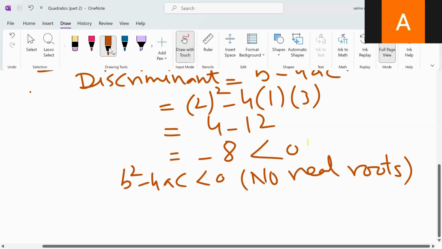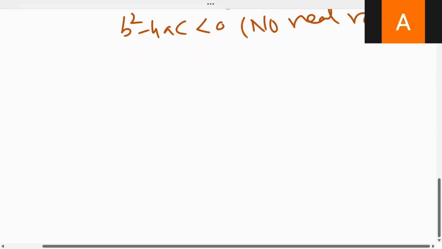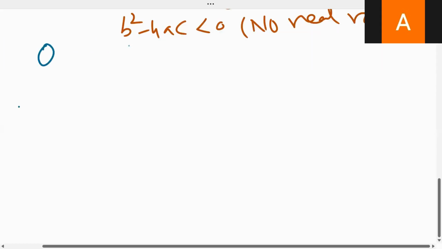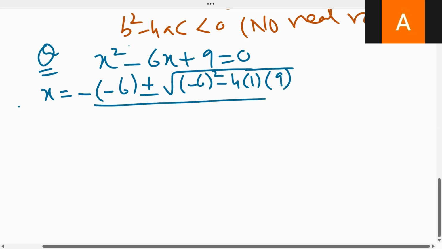And third, for example, you are given an equation of the type x square minus 6x plus 9 is 0. When you solve this equation by applying the quadratic formula, you write minus b plus minus square root of b square minus 4ac divided by 2a.